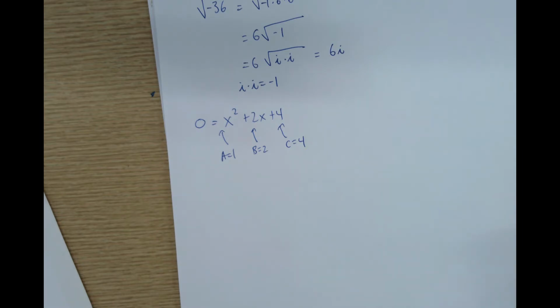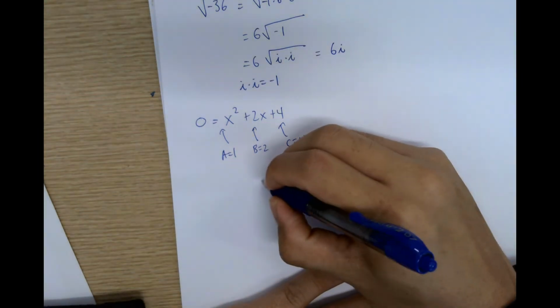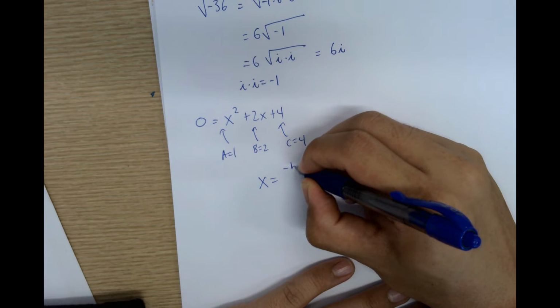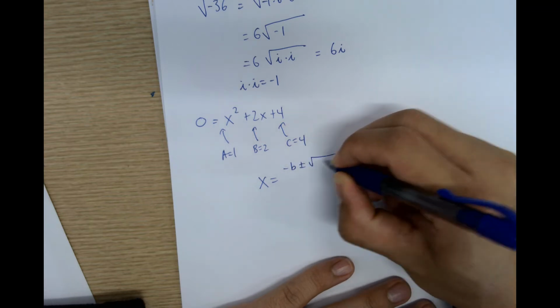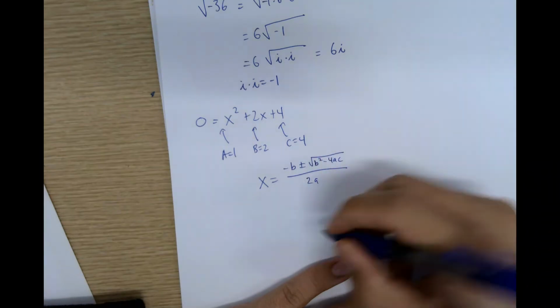In this case, we would use the quadratic formula. x is equal to negative b plus or minus the square root of b squared minus 4ac, all over 2a.